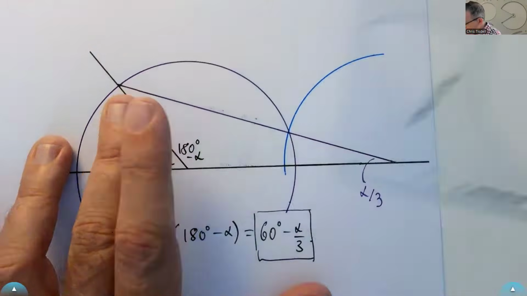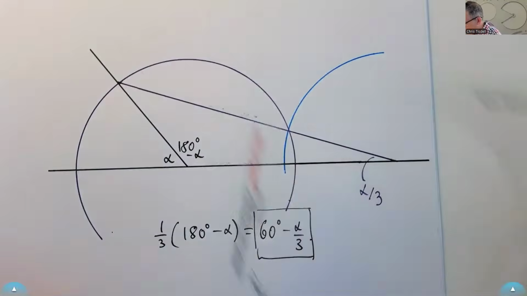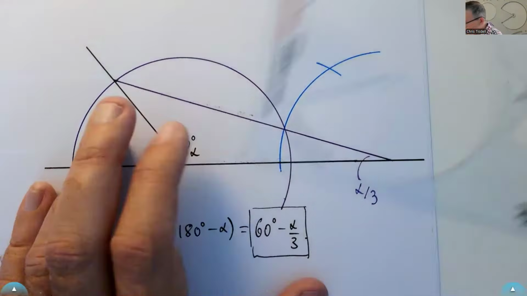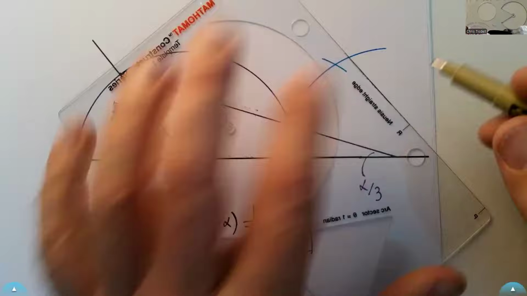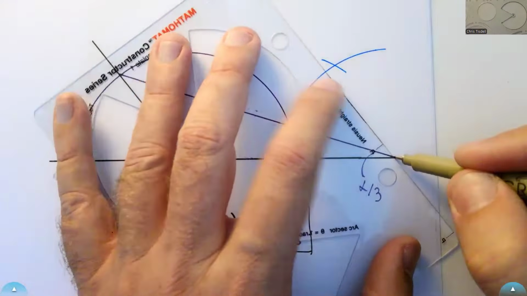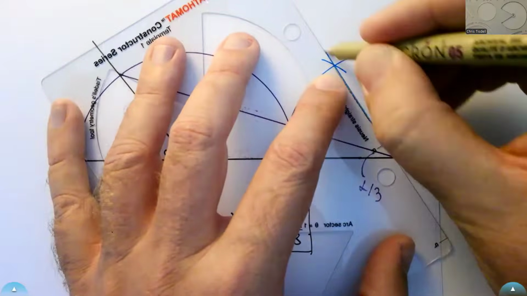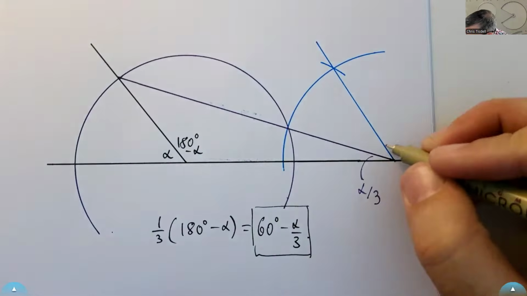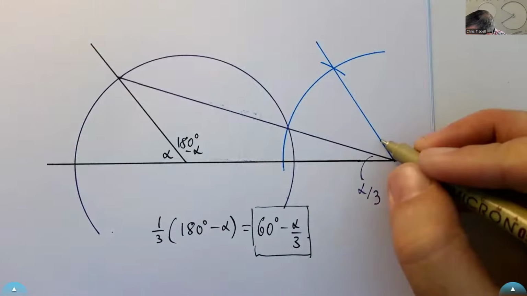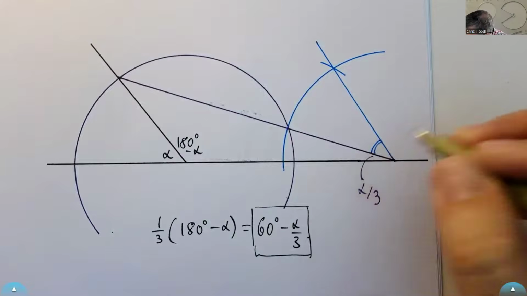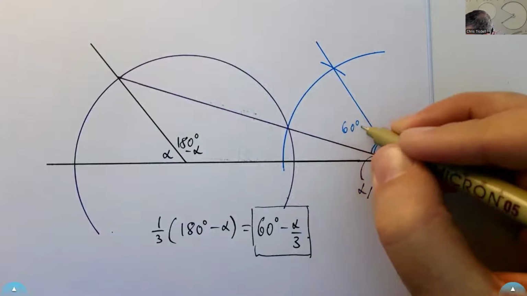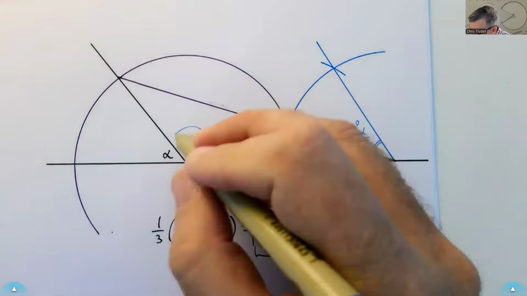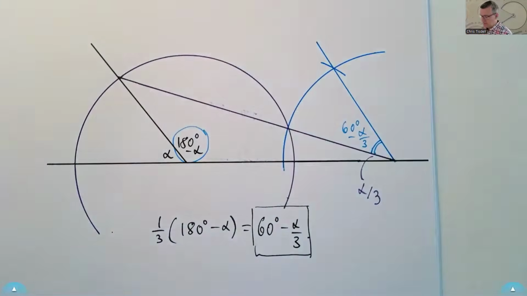You do one arc like that, get a new point, another arc like this, and then we join this vertex with that point. Now this angle is going to be 60. So this angle is going to be 60 degrees minus alpha on 3, which is the trisection of that angle.